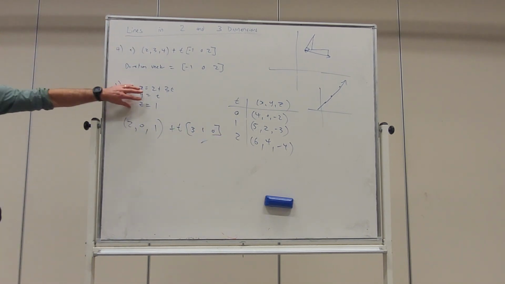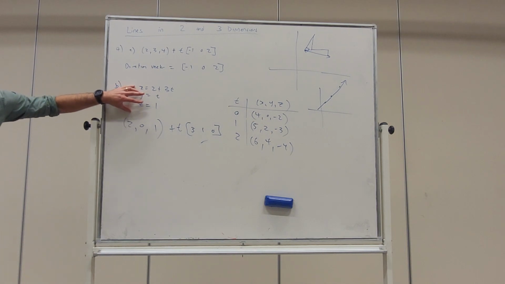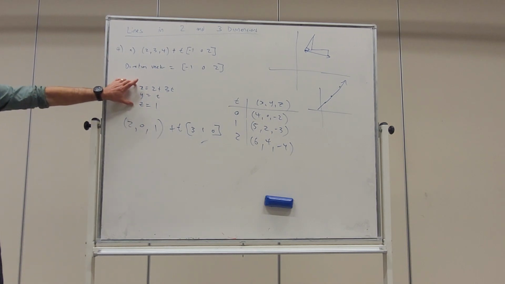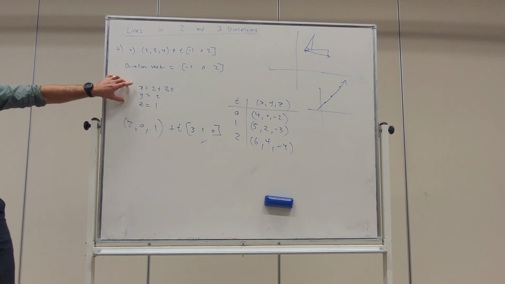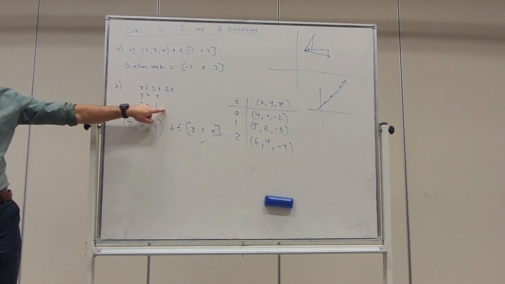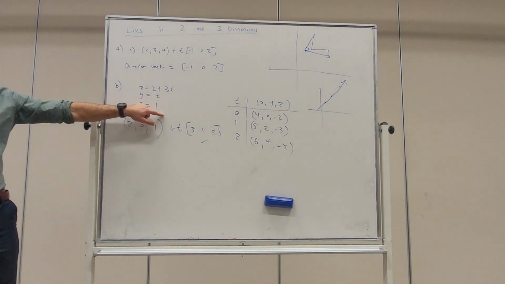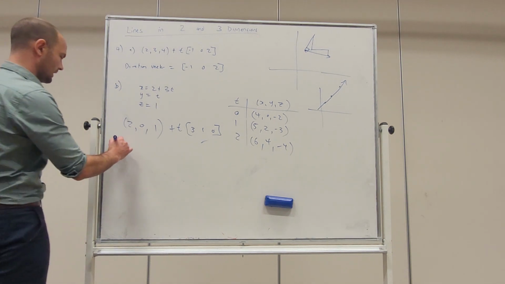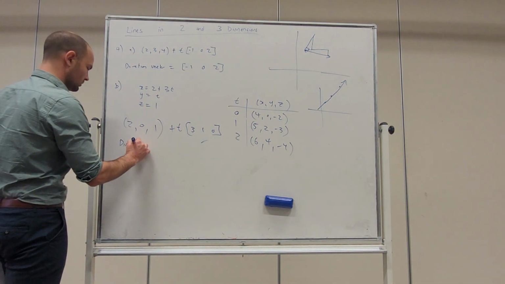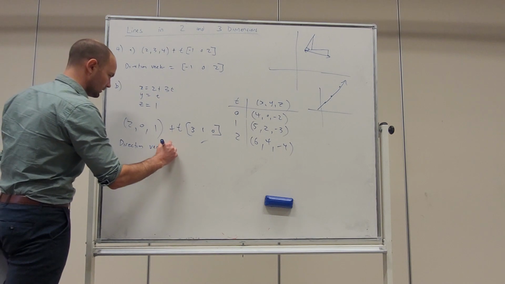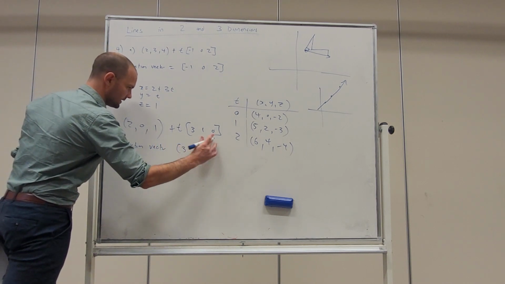Okay, so the direction vector of this line, which is in vector form here, parametric form here, direction vector is 3, 1, 0. All we're doing is looking at the coefficients of t. Okay, but I'm just drawing out. So we'll answer the question. Direction vector 3, 1, 0.